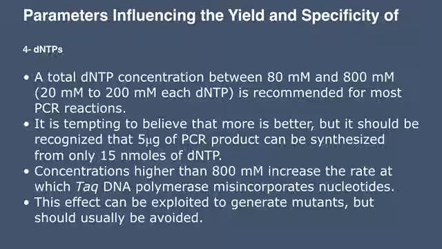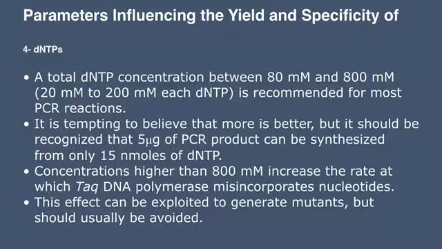Number 4. dNTPs. A total dNTP concentration between 80 micromolar and 800 micromolar, 20 micromolar to 200 micromolar each dNTP, is recommended for most PCR reactions.